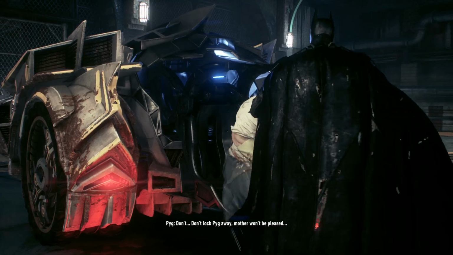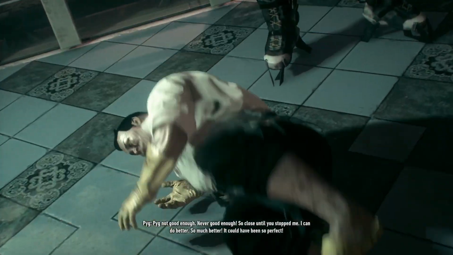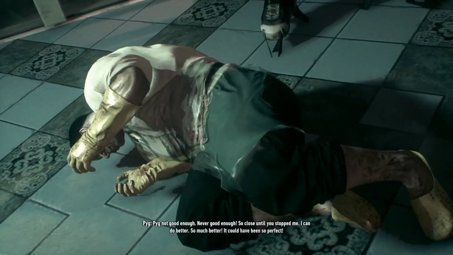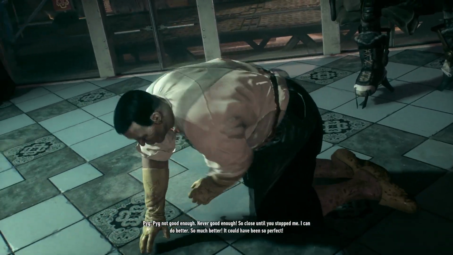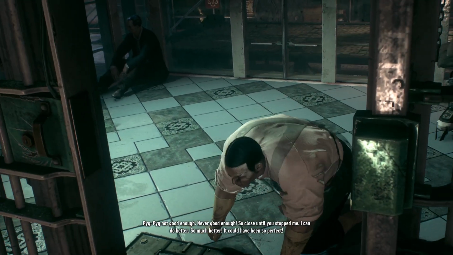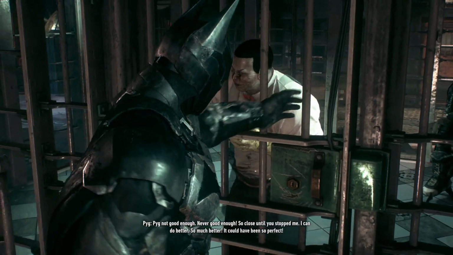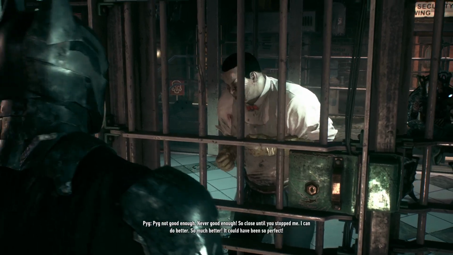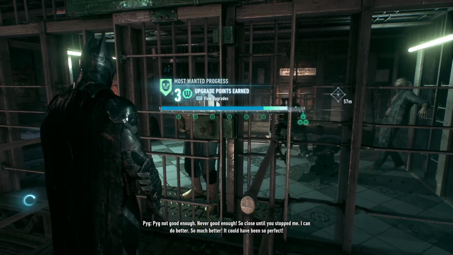Don't lock Pig away. Mother won't be pleased. Pig, not good enough. Oh, never good enough. So close until you stopped me. I can do better. So much better.